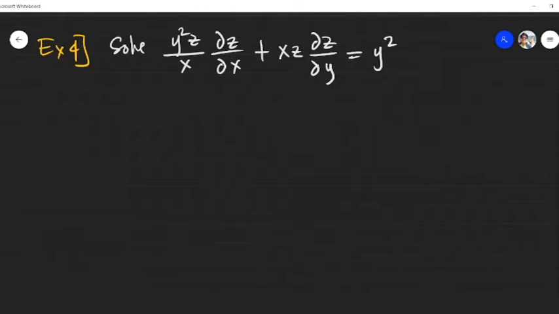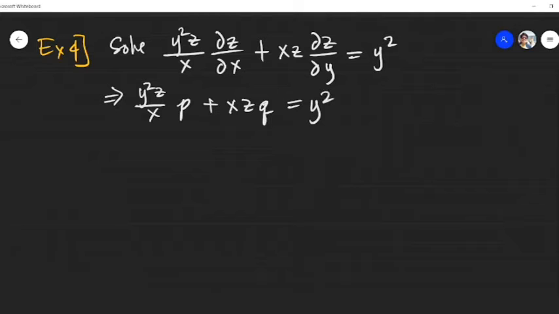Okay, so example number 4, let's solve for y squared z over x times the partial derivative of z with respect to x plus xz times the partial derivative of z with respect to y is equal to y squared. And as you can see, this is just y squared z over x p, since dz over dx is just p, plus xz q is equal to y squared.